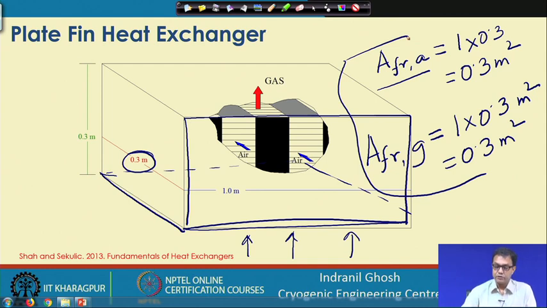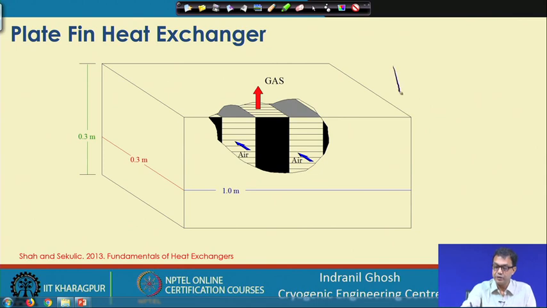Now, we can also try to find out the volume between the plates, because why is it necessary? Because we have been given some parameter beta for each type of fin, and since we know beta, we can find the heat transfer area if we are able to estimate the volume between the plates.